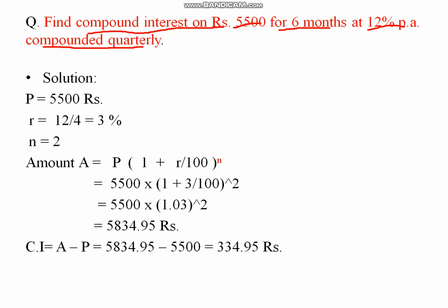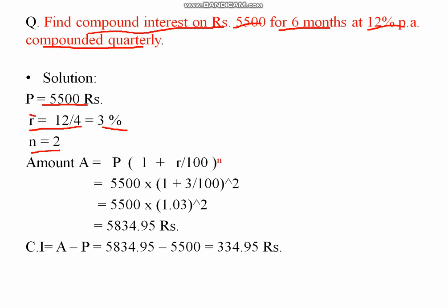Given: principal P is 5,500 rupees, rate R is 12% per annum, but compounding is done quarterly. So R is equal to 12 upon 4, equal to 3%, and in 6 months there are 2 periods, so N is equal to 2.